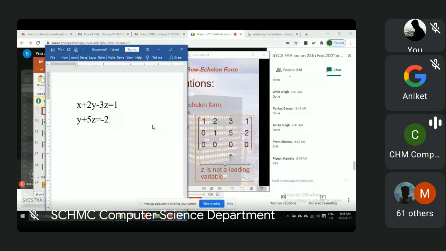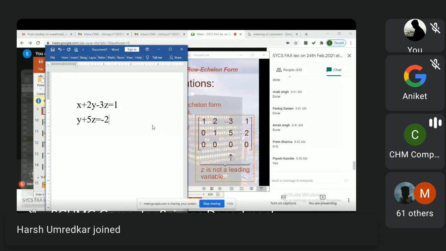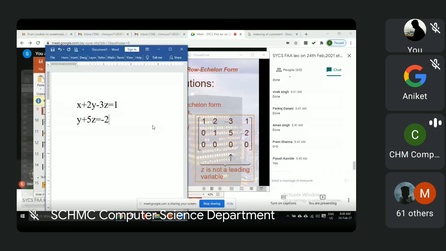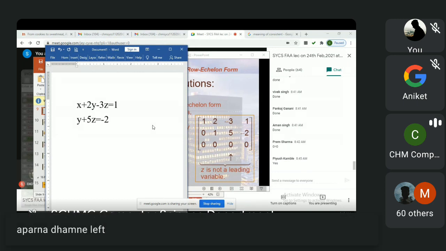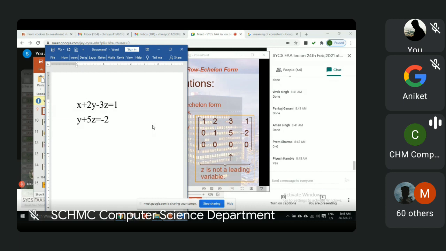Now I have two equations in three variables. We know that if I have to solve a system of linear equations, then I should have three equations and three unknowns. I have three unknowns but two equations. So what I can do is, from equation 2 I can write down something, and from equation 1 I can write down something. I'm writing y is equal to minus 2 minus 5z.